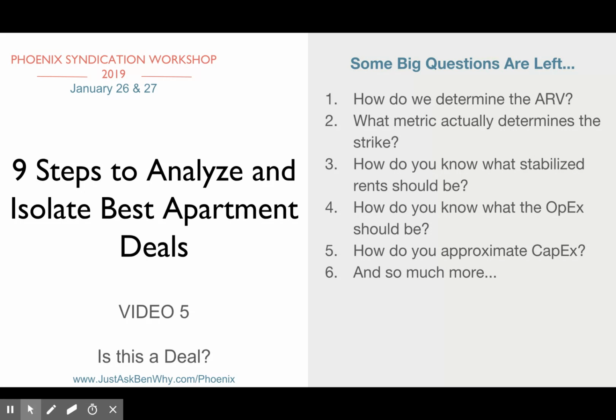But some of the questions that need to be answered are, how exactly do you get to the after repaired value? What metric actually determines the strike price? Is it cash on cash? Is it cap rate? What is it, right? How do you know what stabilized rents should be? Because everything resides on top of stabilized rents.